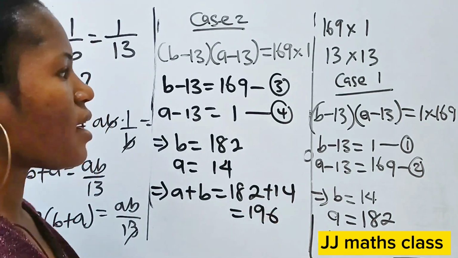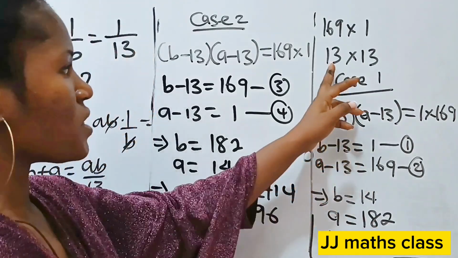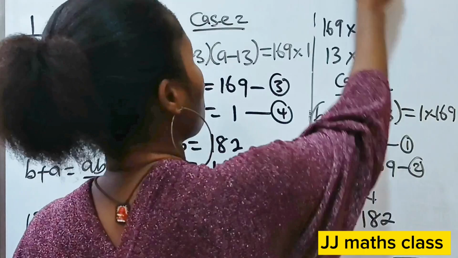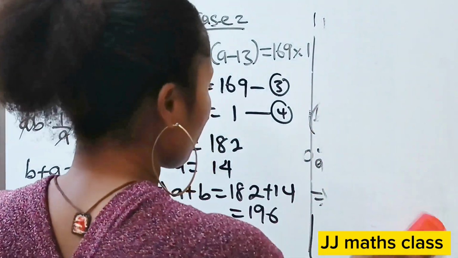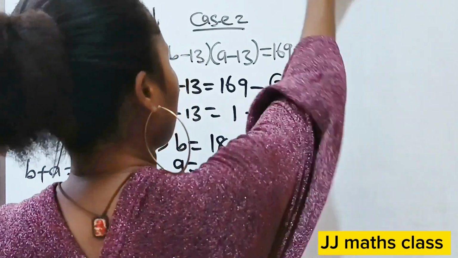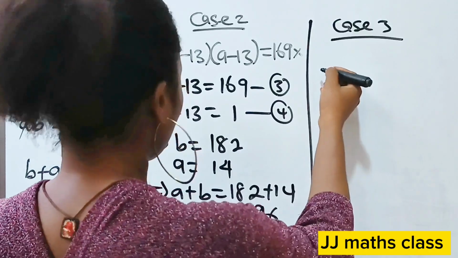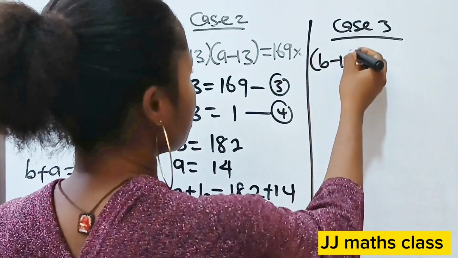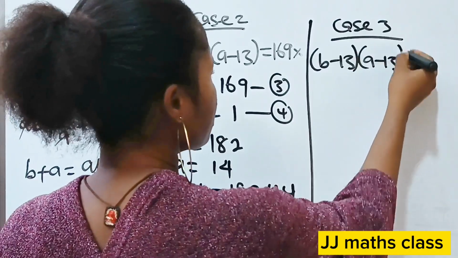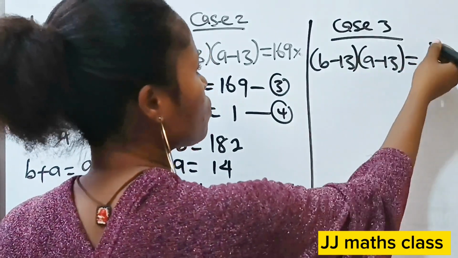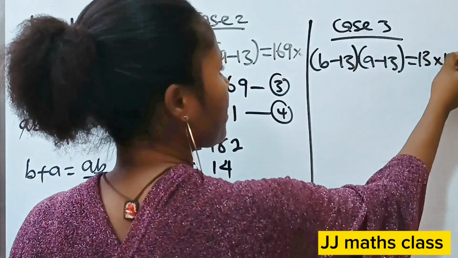Now let's go for case 3, which is 13 multiplied by 13. For case 3, we have b minus 13 multiplied by a minus 13 is equal to 13 multiplied by 13.